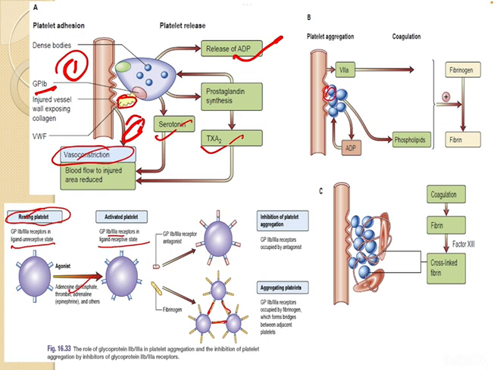Now this aggregated platelet will express the phospholipids, and then factor 7A will lead to the coagulation cascade, which helps in the formation of fibrin, which is cross-linked and attached to the primary platelet plug and forms the definitive plug.